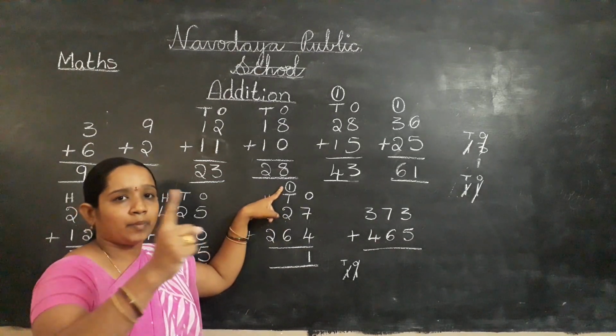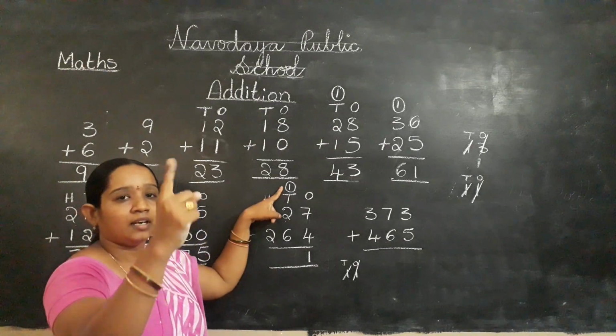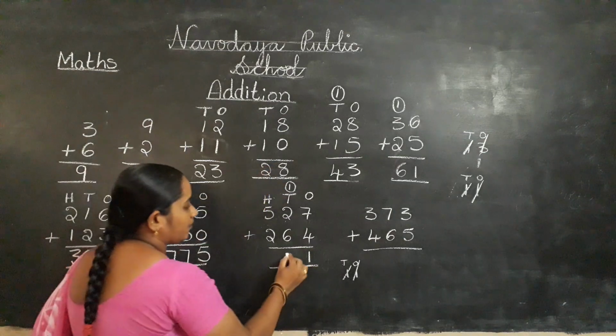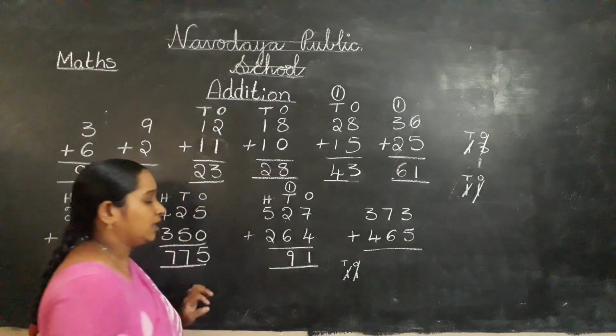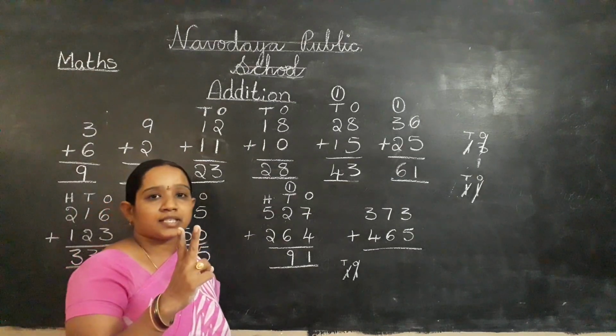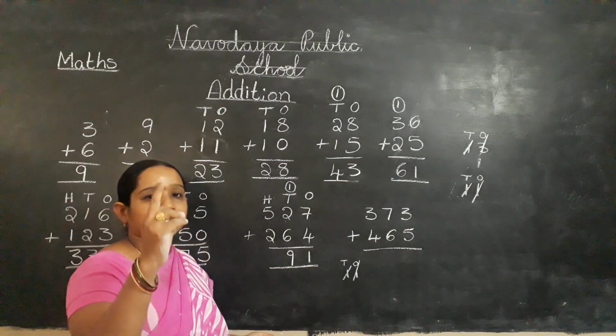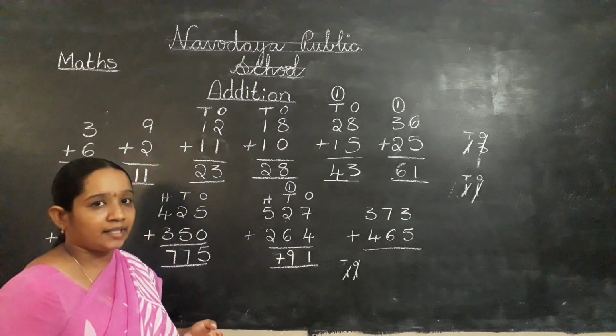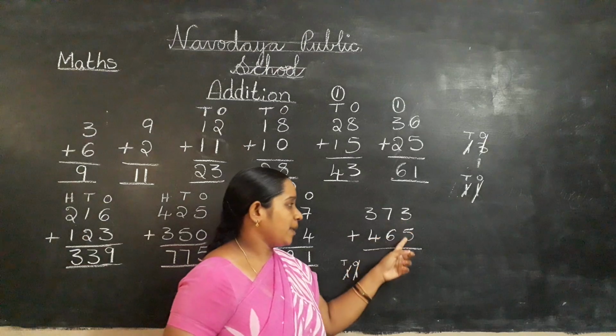Now keep 8 in mind, take 1 finger. 8 after: 9. So 2 plus 6 plus 1 is how much? 9. Next, go to the hundreds place. 5 plus 2. Take 2 fingers. 5 after: 6, 7. 791.